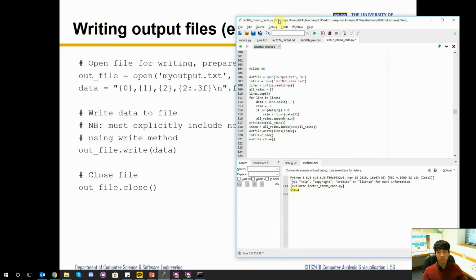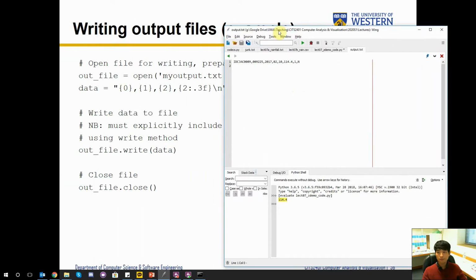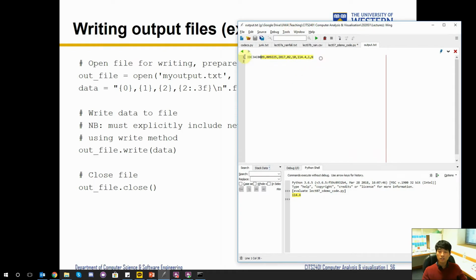So if we open output.txt, this is the date and time that had the highest rainfall. As you can see, 114.4 was the highest rainfall, and it stored all the associated data with it. So now we can quickly check that on 2017, February the 10th, hey, that's summertime, actually had the highest rainfall, which is probably a storm or something.